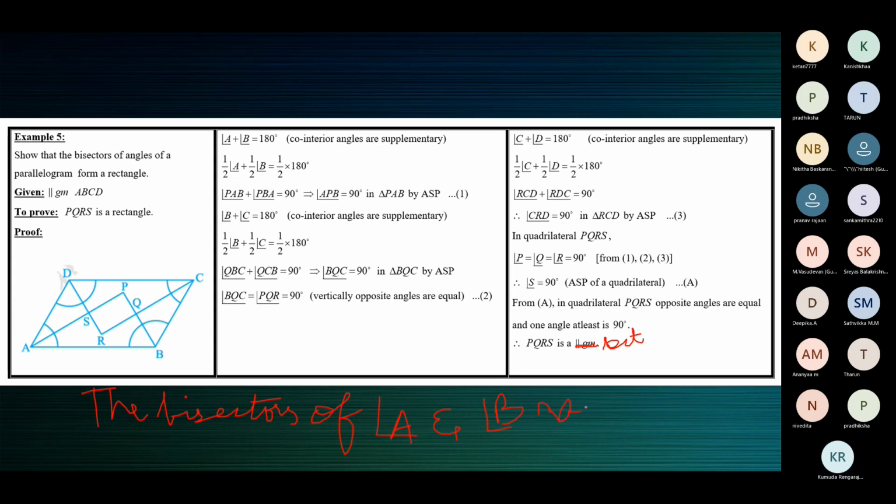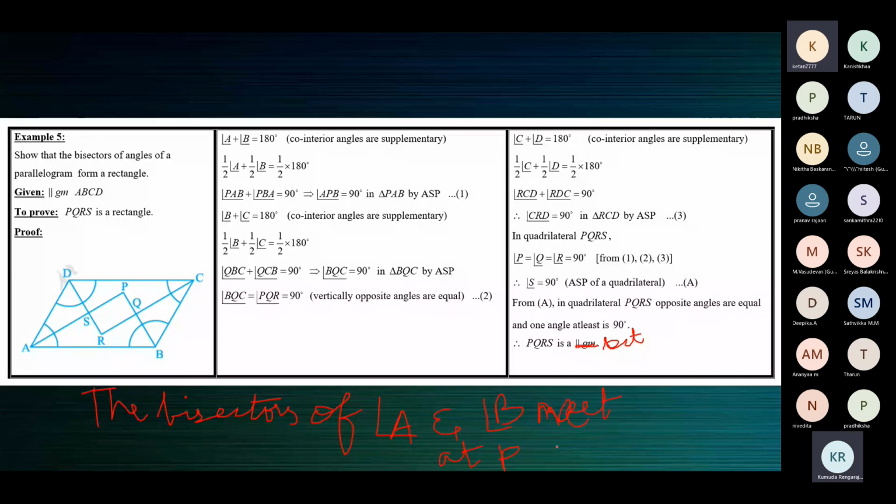Ma'am, that last line from A in quadrilateral PQRS, that too is to be written. One minute. Meet at P. This is meet, okay, children, please. Arav, now can you finish the others? I've written one. The bisectors of angle A and B meet at P, ma'am.